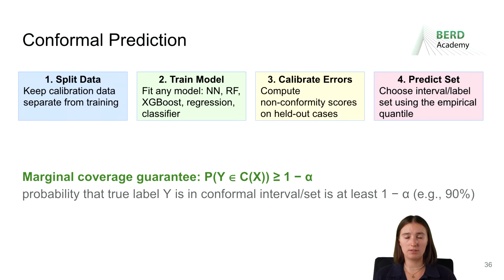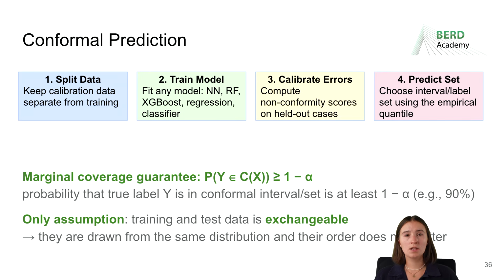For example, if it's 10%, you get your 90% coverage guarantee. Taken all together, the probability that the true label Y is in your conformal prediction set or interval is at least 1 minus alpha.